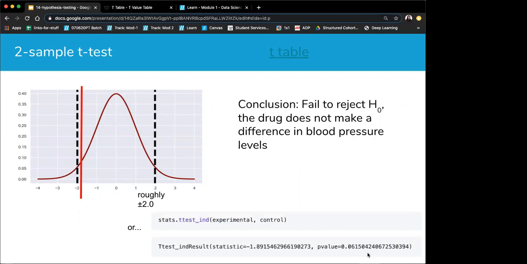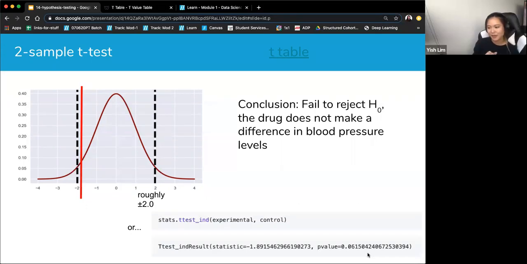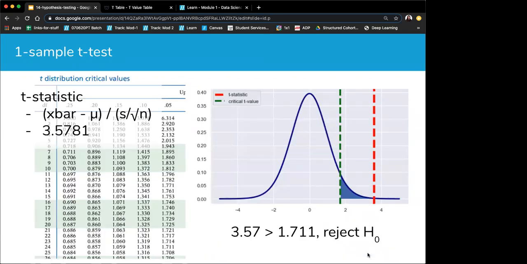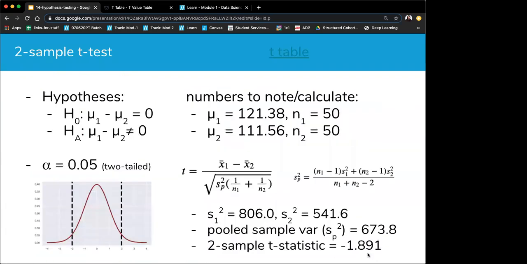Is that right? Yes, because you're comparing either your t-statistic or your p-value to an alpha, or the alpha's associated t-statistic, the t that you get from your alpha. Sure. Okay. All right.